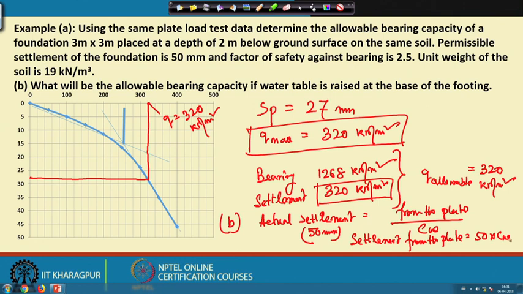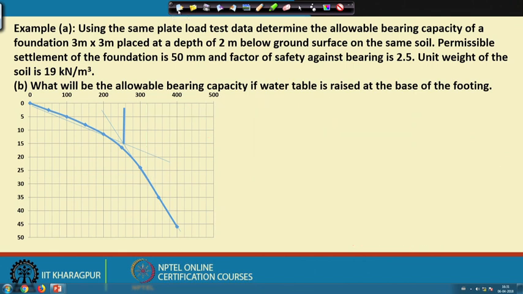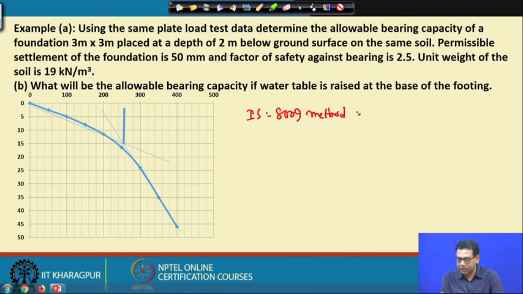As per the IS code, IS 8009 method, the same thing, it is at the base of the foundation, so your CW is equal to 0.5. If you use the other one, you will get a different value, but for the IS code it is 0.5.